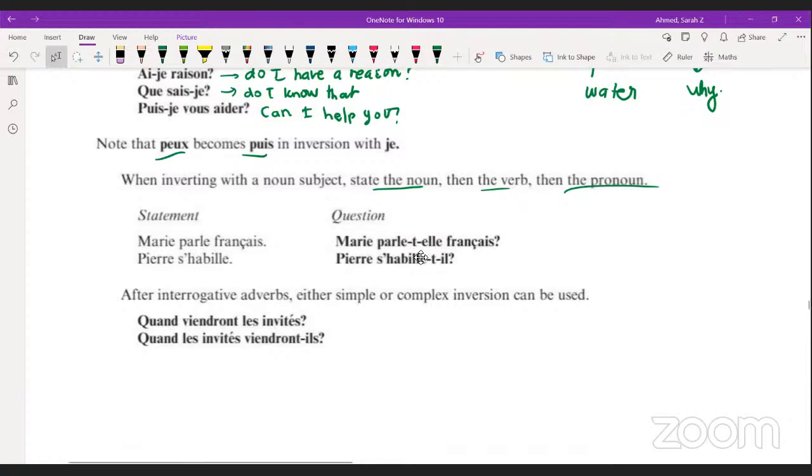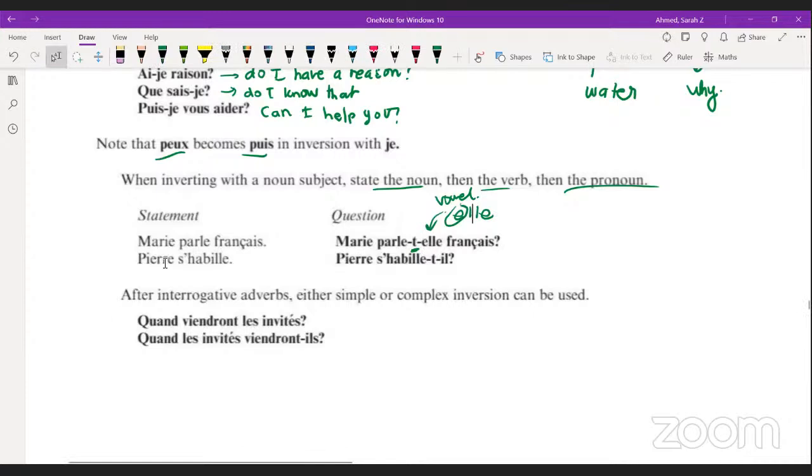It's because the pronoun here is il, and il starts with a vowel. Okay, that's how we do it.